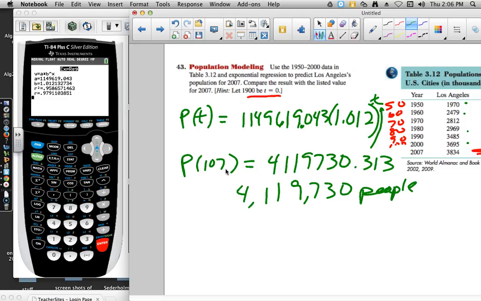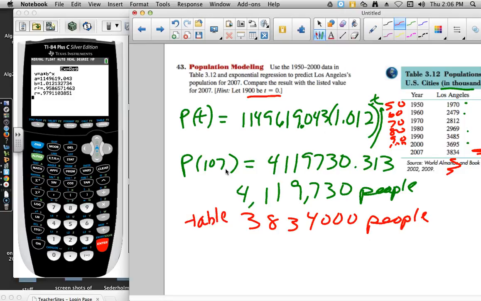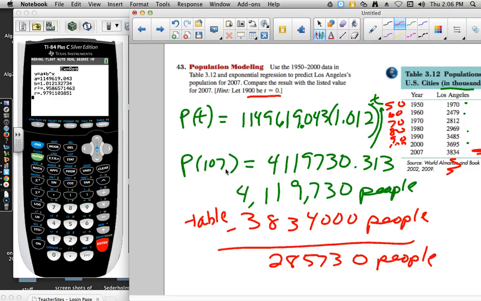What they want us to do is compare that with 3,834,000 people. This is from the table. To compare means we need to see the difference. So we take our answer and subtract 3,834 with three zeros, and that gives us 285,730 people. You can see that we're a little too high.